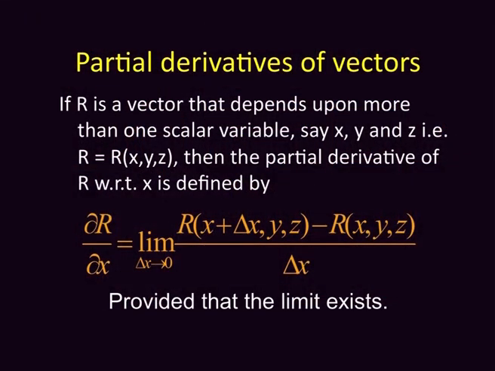Now, I will define partial derivative of vectors. If r is a vector that depends upon more than one scalar variable, say x, y and z, that is, r is a function of x, y, z, then the partial derivative of r with respect to x is defined as del r over del x is equal to limit delta x tends to 0 of r(x plus delta x, y, z) minus r(x, y, z) divided by delta x, provided the limit exists.